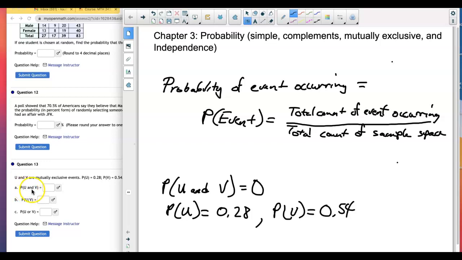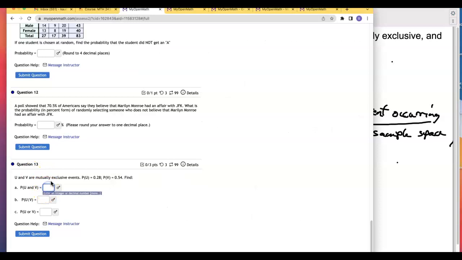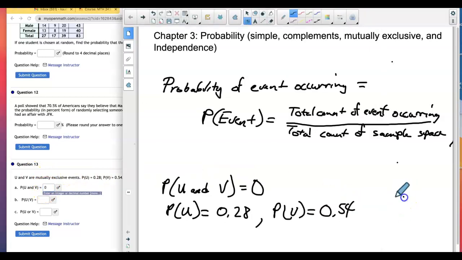So the probability of U and V, that one we would know because we just said that right here, right? Because we know they're mutually exclusive, so this would be 0. Right? I don't have to do any work. I know that that's true by definition of mutually exclusive.